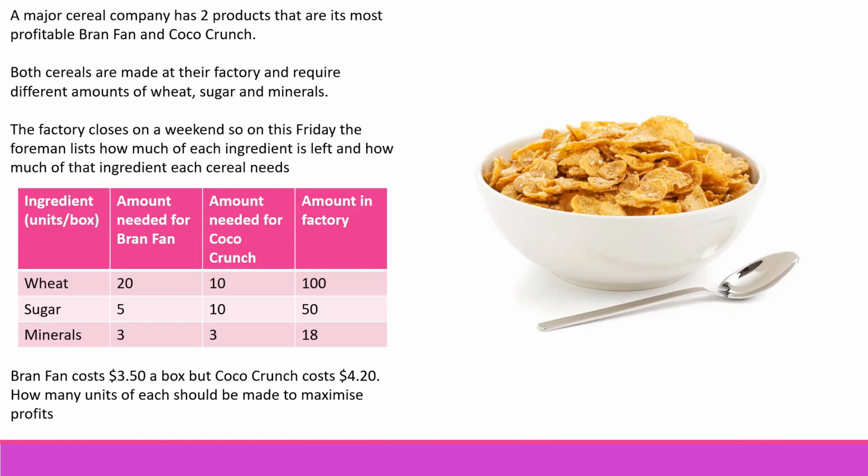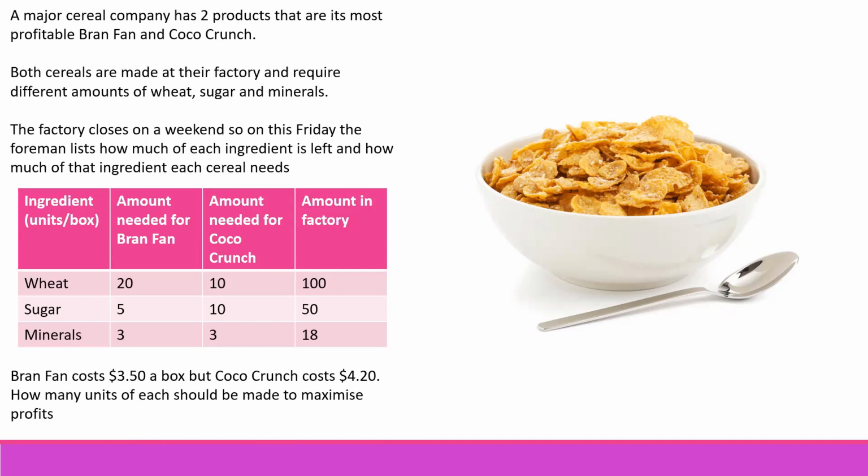We're going to say there is a major cereal company that produces 2 products that are its most profitable, and they're called Bran Fan and Cocoa Crunch. Okay, Bran Fan and Cocoa Crunch. Both cereals are made at the factory, and they require different amounts of wheat, sugar, and minerals.